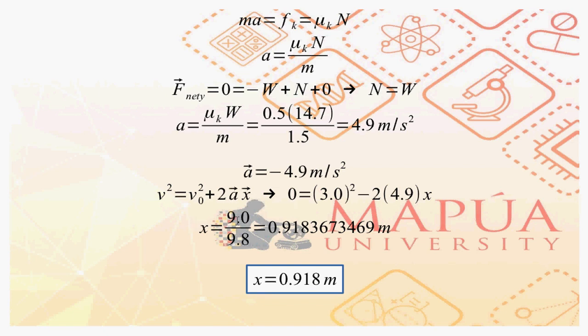We know v naught, 3. We know a, we just calculated it, negative 4.9. We don't know x, so variable x. The only unknown is x. We are able to calculate x to be 0.918 meters.